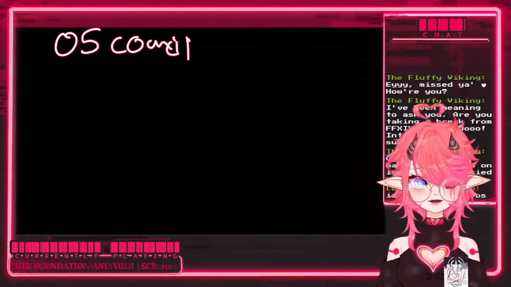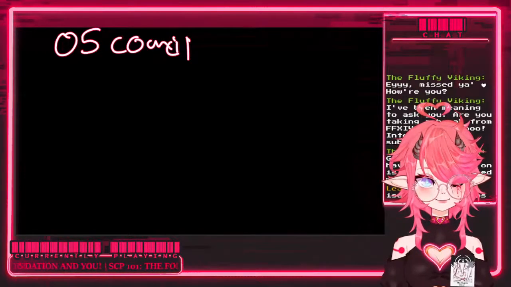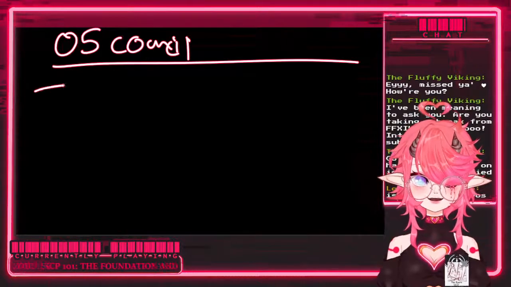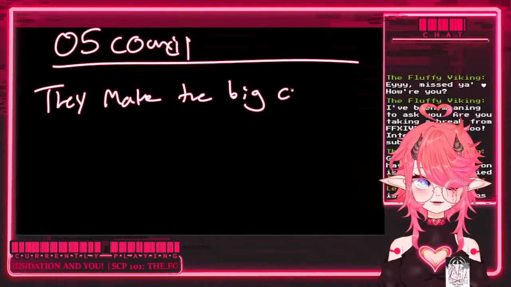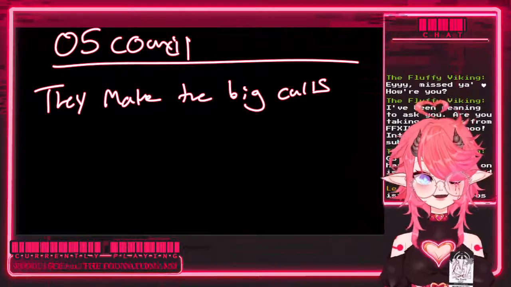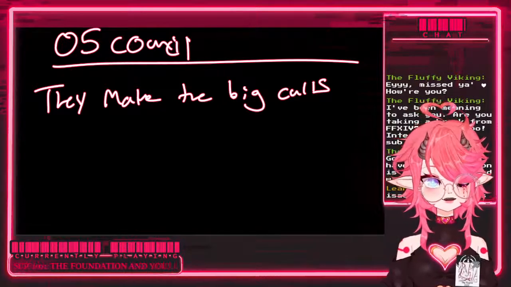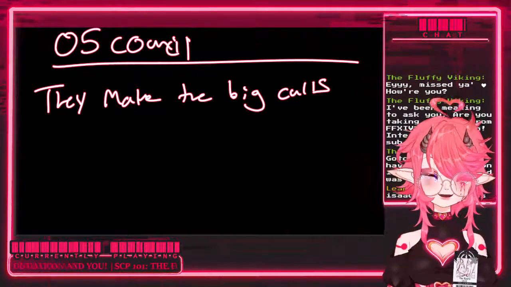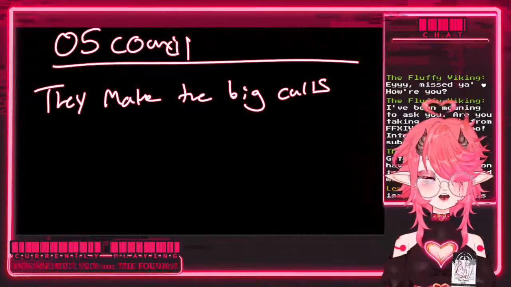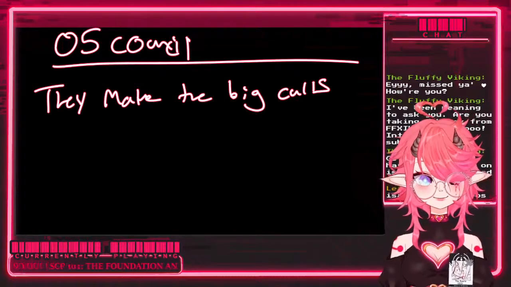I want to say there's anywhere from 8 to 10 O5 Council members. They make the big calls, which means that this specific bureaucratic entity for the SCP Foundation is the one that makes all of the calls all of the time for big things.